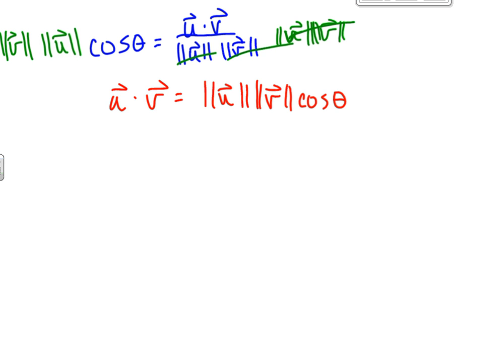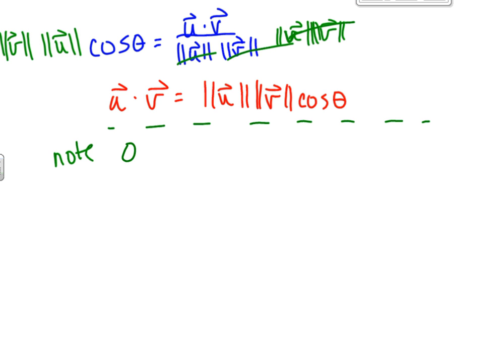And I want you to think about a 90-degree angle for a moment. What is the cosine of 90? 0. So what's the dot product if the vectors make a 90-degree angle? It has to be 0. Does that make sense? I'll just write a little note.